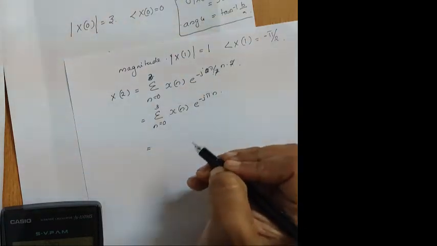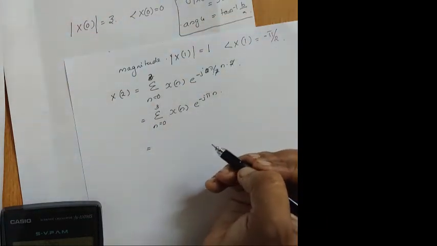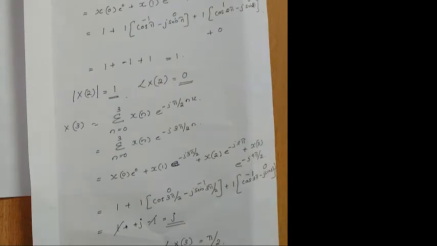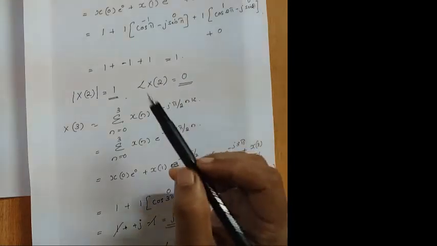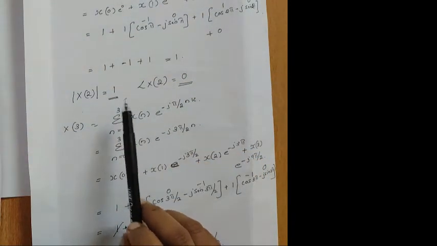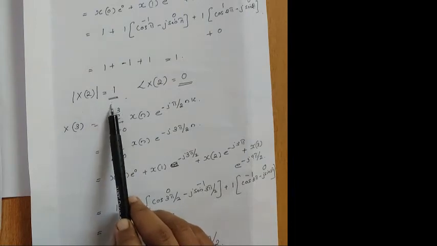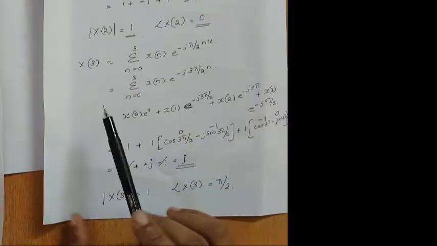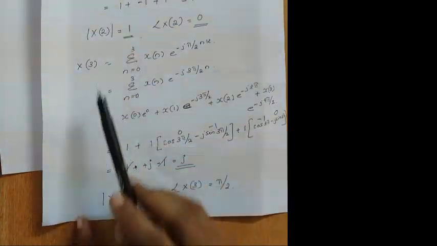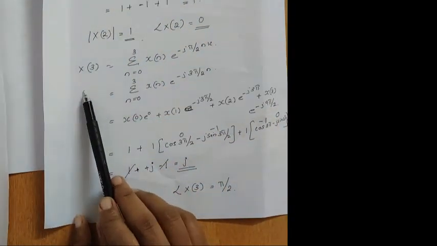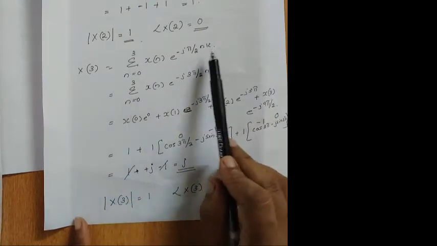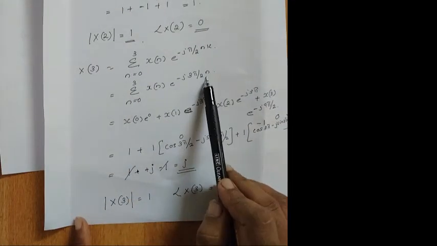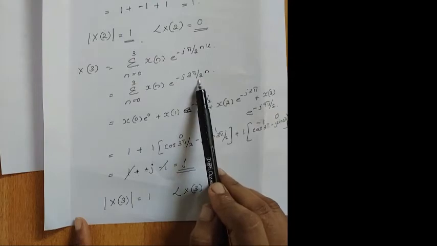So I am going on and I will give you the final answer. Here you got the magnitude of x of 2 equal to 1 and the angle of x of 2 equal to 0. Then you come to x of 3. To find the value of x of 3, that means k is equal to 3. So you are substituting k as 3 and you will get 3 pi by 2 n.